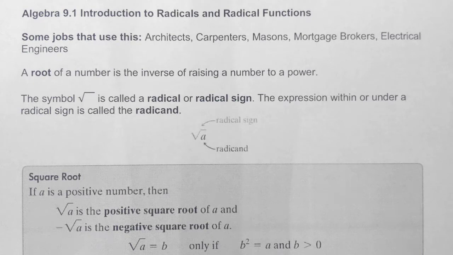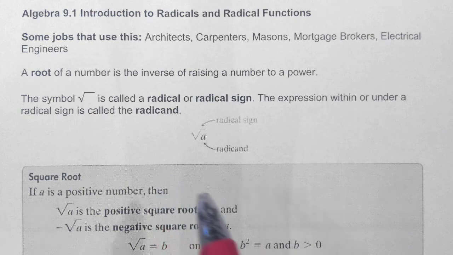So we're going to be starting chapter 9, which is all about radicals, which is square roots, cube roots, fourth roots, any kind of root. A radical is the opposite of an exponent. With an exponent, you multiply something by itself.